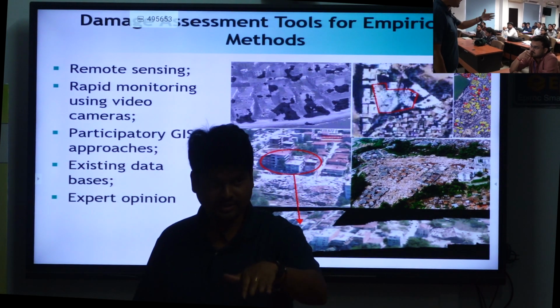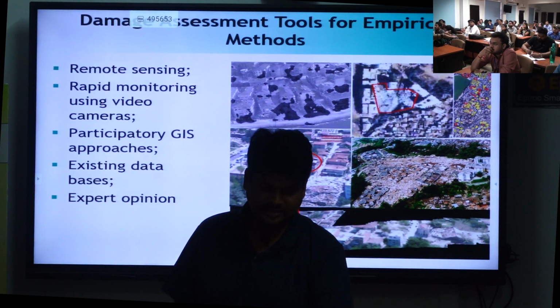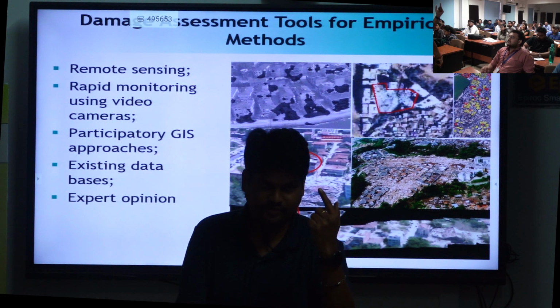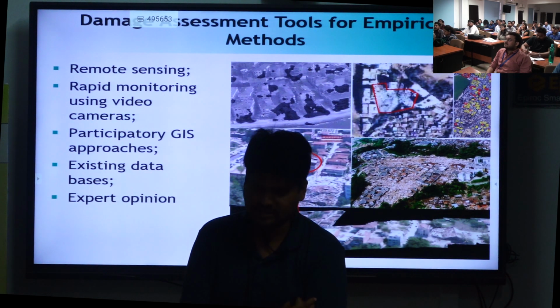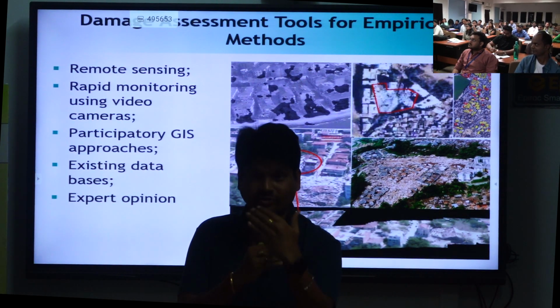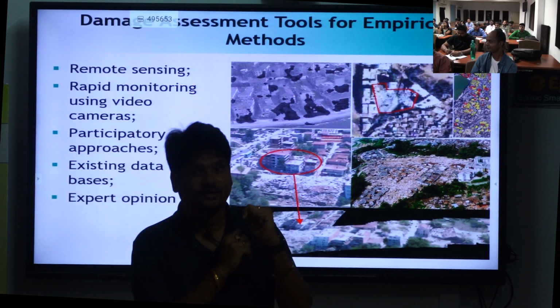Let's say your satellite passed, your temporal resolution is every 1 month, and the satellite passed this morning, and then the event happened in the afternoon. Right? That is why I said that all the resolution that I have taught you, you need to design and determine what needs to be done.